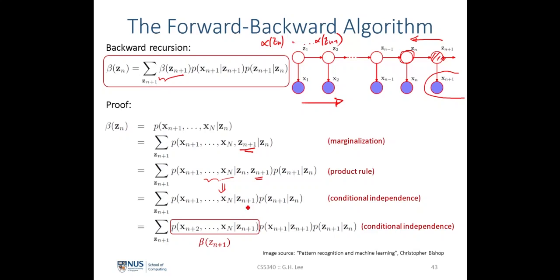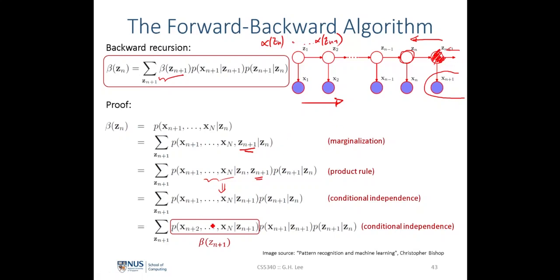Then finally, we'll take one more step of conditional independence, where we can see that by observing zn plus 1, all the rest of the random variables xn plus 2 all the way until xN become d-separated from xn plus 1, because this is going to block the path of the Bayes ball from flowing from this direction to xn plus 1 and vice versa.